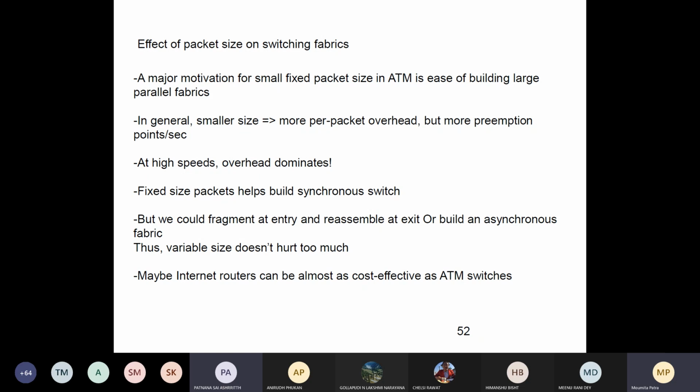So you can use fragmentation and reassembly to avoid any issues that arise with variable size packets. This ends this module for switch fabrics, and this also ends today's class.